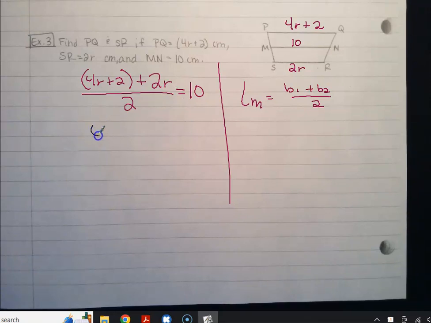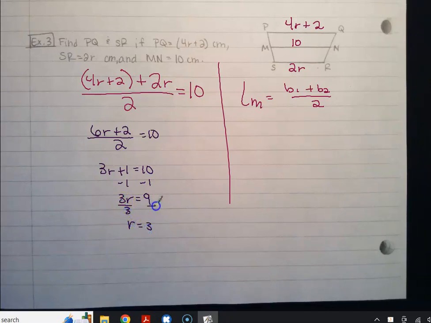Okay, so then that would give us 6r plus 2 divided by 2 equals 10. So you want to divide each part by 2? That's what Caden was saying. So 3r plus 1, okay. Yep, because we divided by 3.